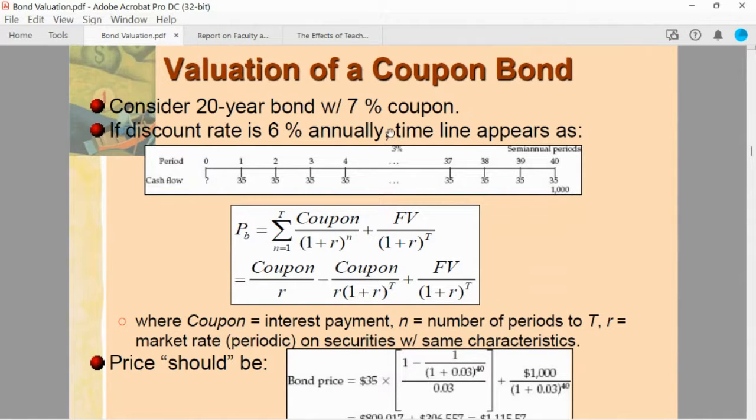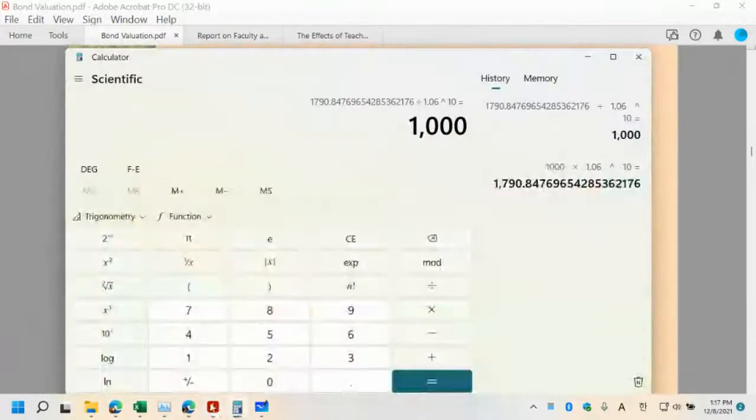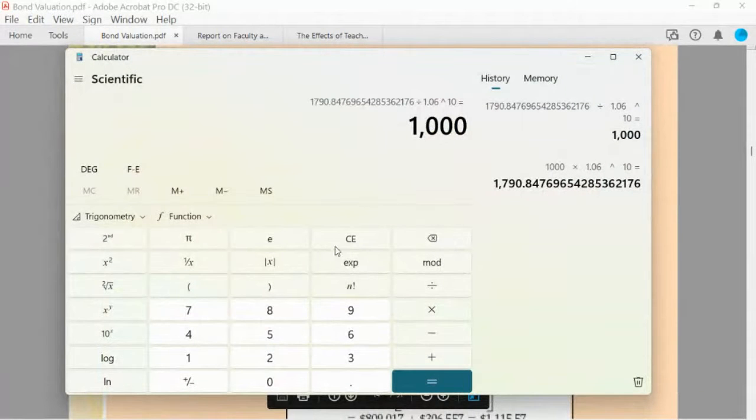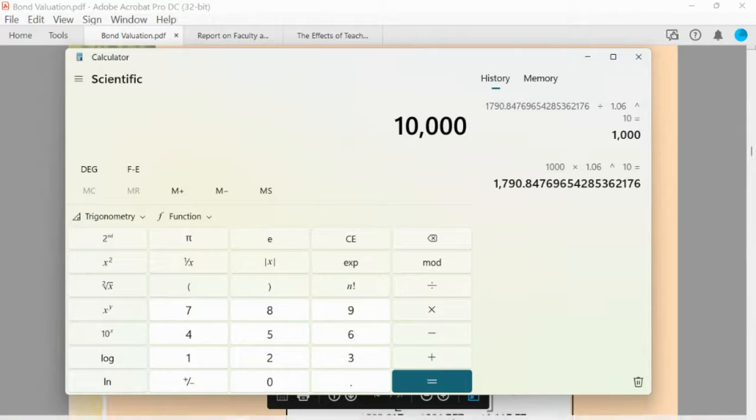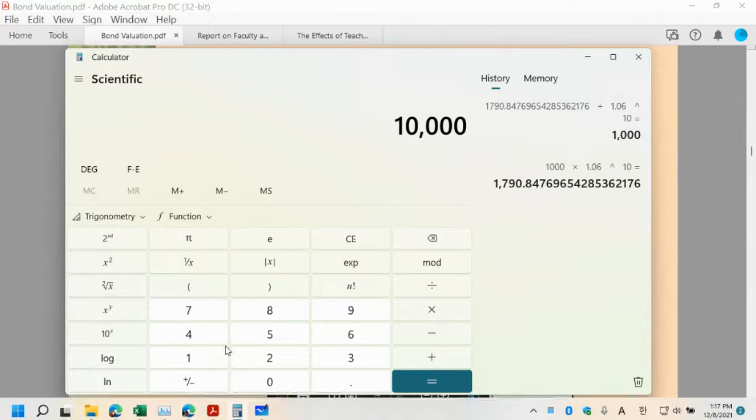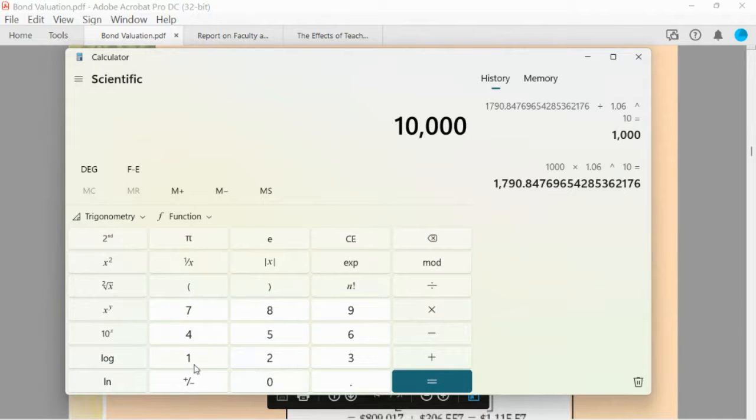And the mathematical logic behind it is, think about it. Suppose you put $10,000 in the bank, and the bank interest rate is 6%. 10 years later, what's it going to be?